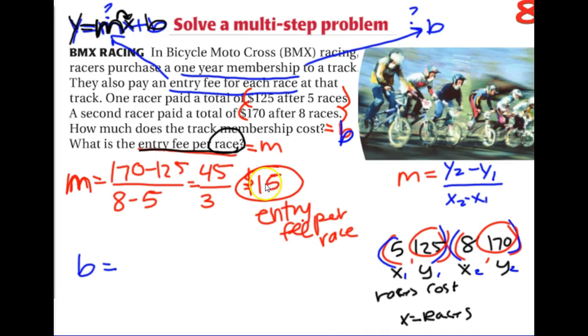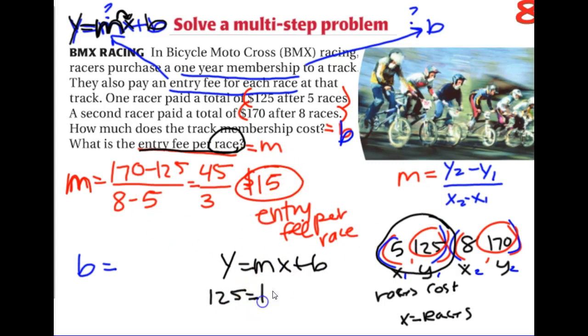So we know our slope. We also know we have this equation, y equals mx plus b. I'm just going to use this first point because it's smaller numbers and plug them in. Y is 125. M is, what's M? 15. Times x, which is 5.